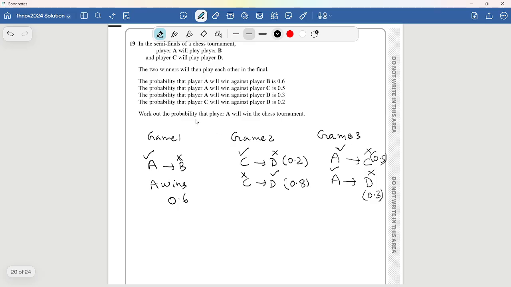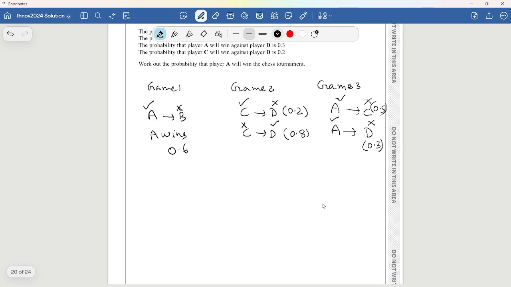Now we have to find the probability that A will win the final tournament. So A is the final winner. For A to be the final winner, what do we need to do? We have to consider all these things. A has to win Game 1, and it has to make either C lose the game or D lose the game.